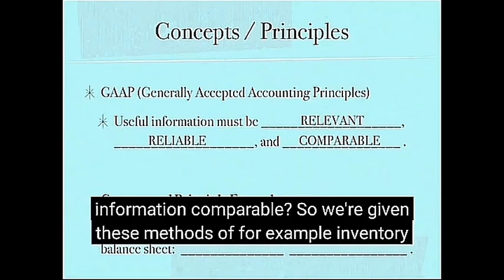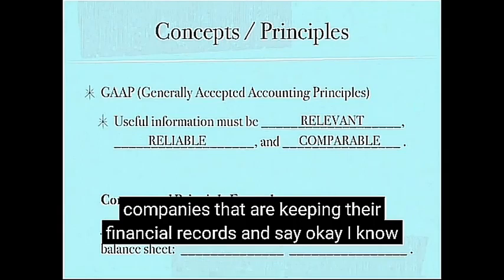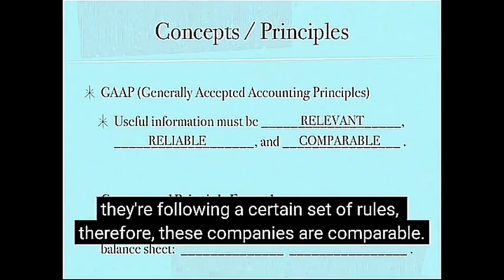Is the information comparable? We are given these methods, for example, inventory valuation methods that we're allowed to use. That way an investor can look at two companies that are keeping their financial records and say, okay, I know they are following a certain set of rules, therefore these companies are comparable.